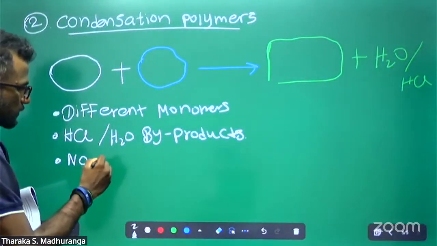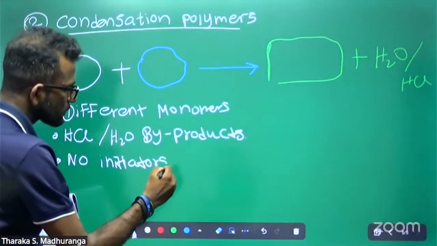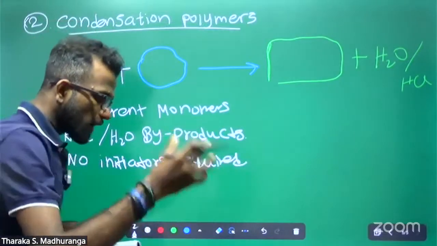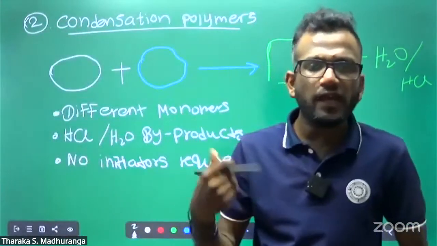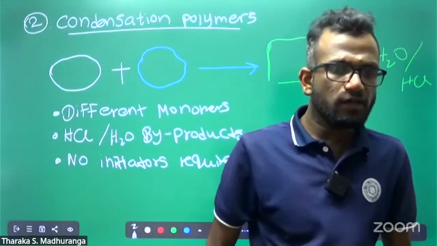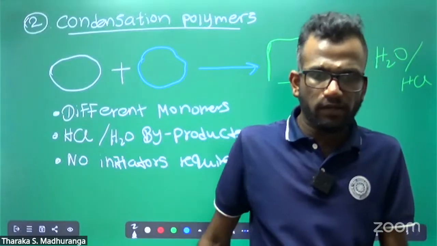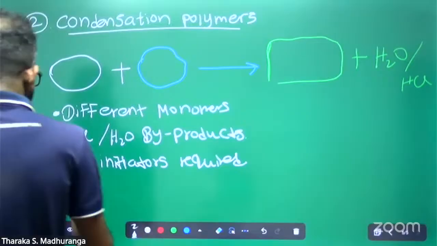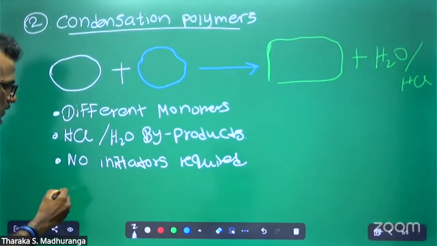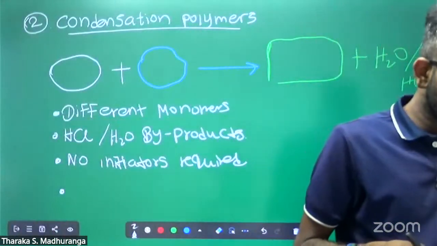Otherwise, no initiators are required. In addition polymers, I told you cations, anions, free radicals help this combining process. But in condensation polymers, no initiators are required, because of the elimination process.